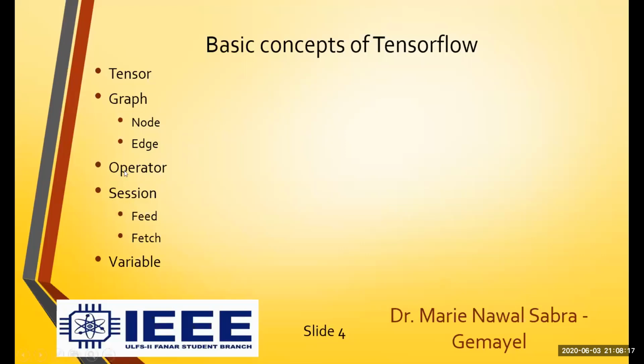We have several operators, and the TensorFlow executes inside the session. So inside this session, we have the feed and the fetch of the data. This means we are going to feed it information, and we're going to have its inputs and outputs in TensorFlow. And we have actually the variables.